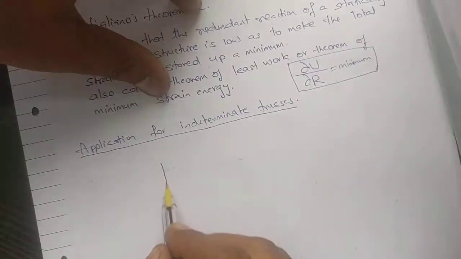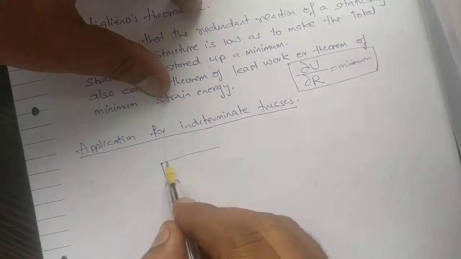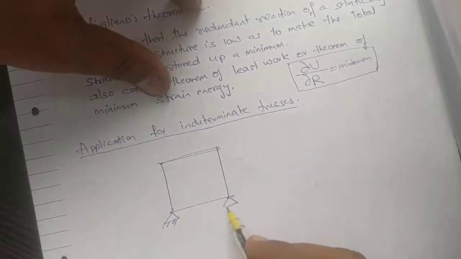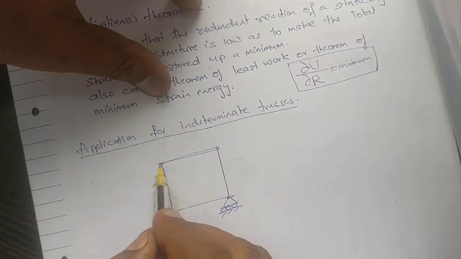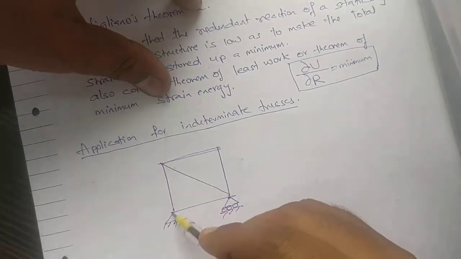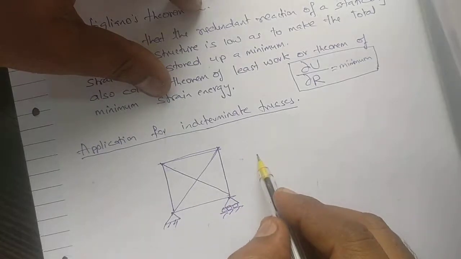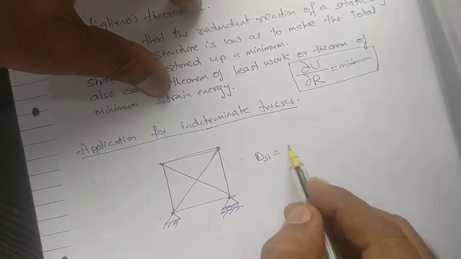For example, if we have this truss we are going to analyze. Hinge support, roller support. So we are having this here, this here. Now we just now have done, your static indeterminacy here will be 1.